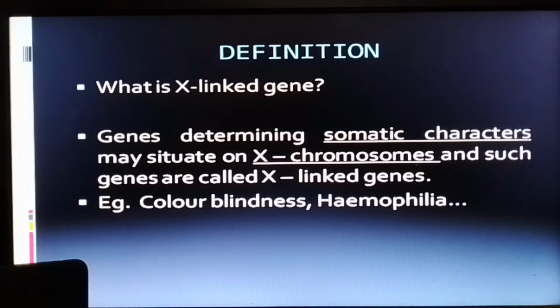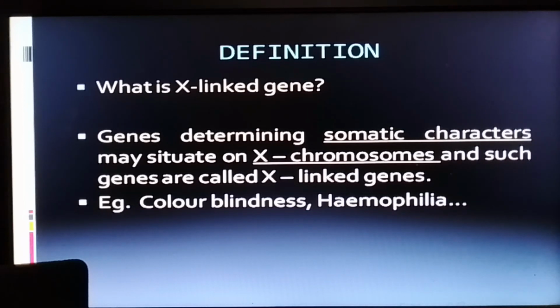So any type of character is basically determined by the genes which are present on the somatic chromosomes or autosomes, or the X chromosome or Y chromosome. Now, as we told already, some of the genes are purely somatic, which determine the pure somatic character.